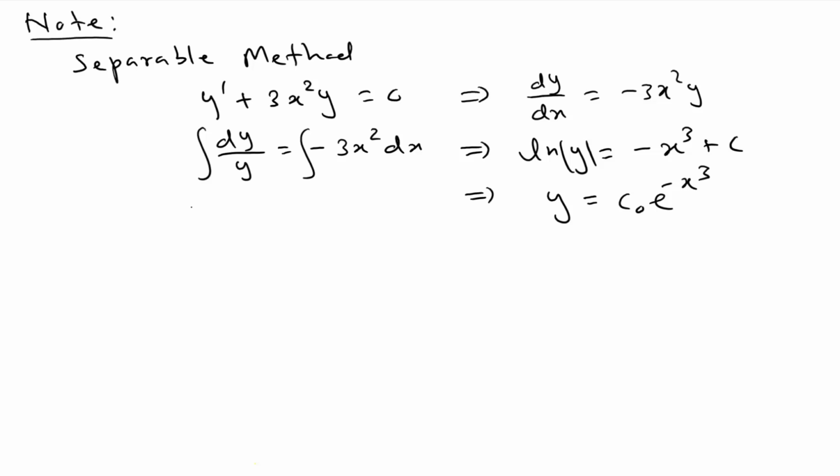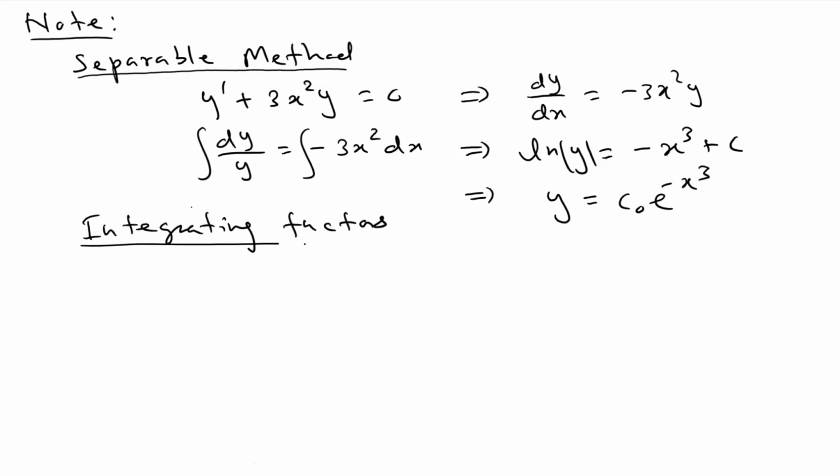We can also solve this using the integrating factor method. If you use integrating factors, we have y prime plus 3x squared y equals 0.